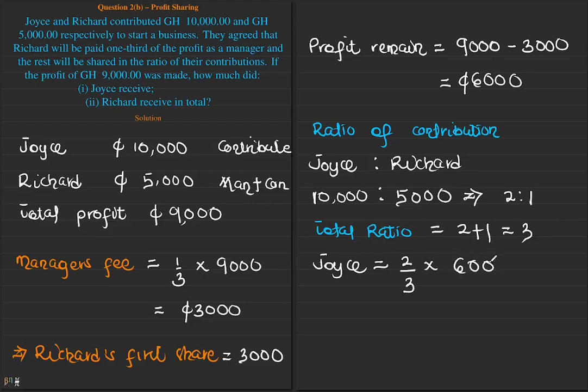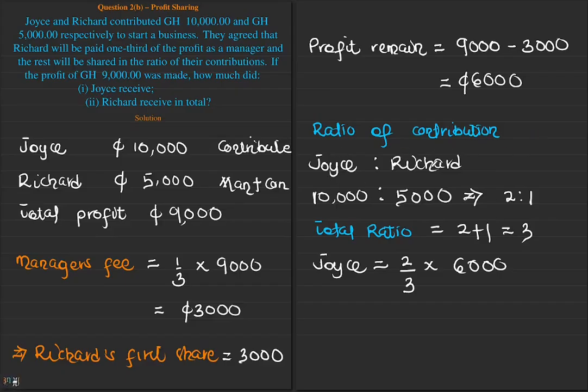So that is our 6,000. There are 2 ways of doing this. You could have divided the remaining profit by 3, and by so doing you get how much one part represents. If you're able to get that for Joyce's share, you just multiply the one part by her ratio and then get your answer.